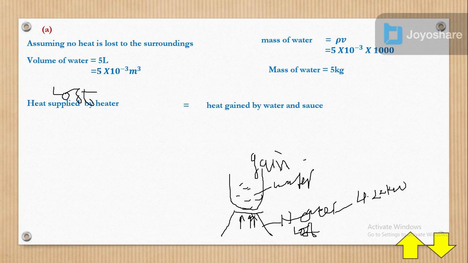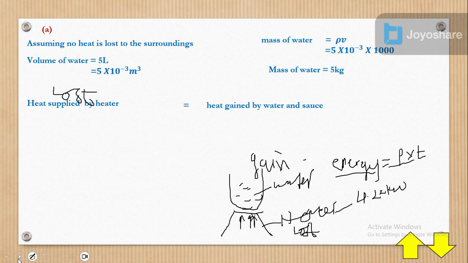This heater will be giving out heat energy, and in electricity, energy is equal to power times time. Do you see that? Please you need to just memorize that formula: the energy is equal to power times time.